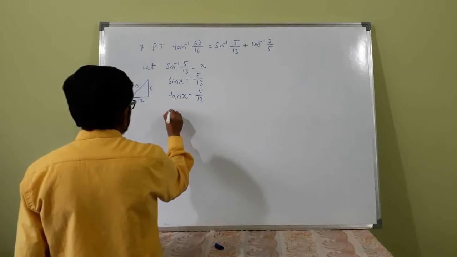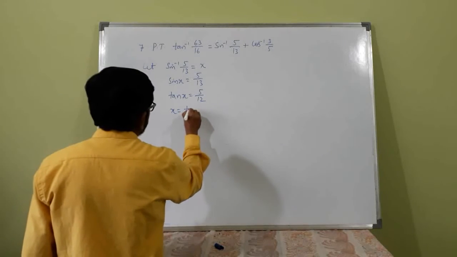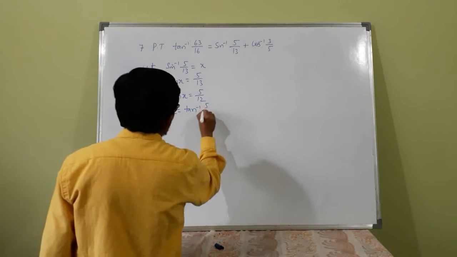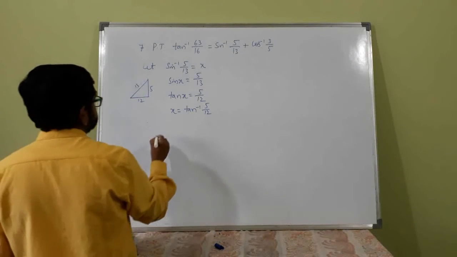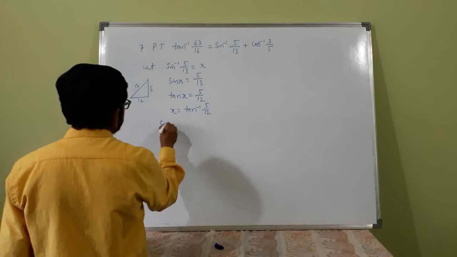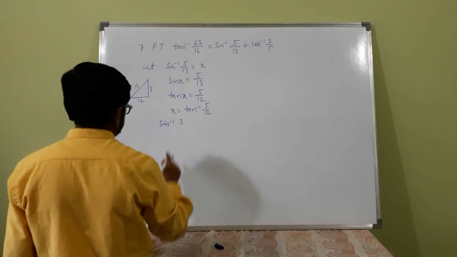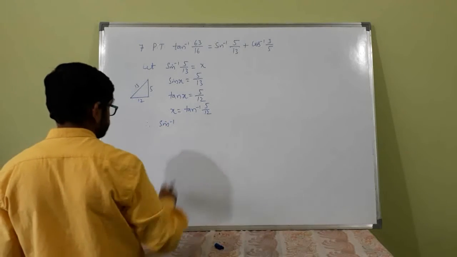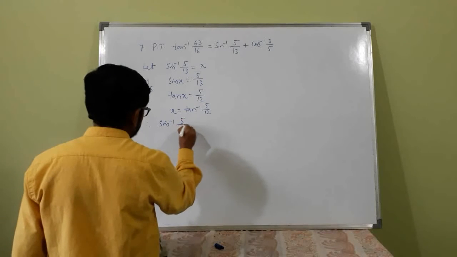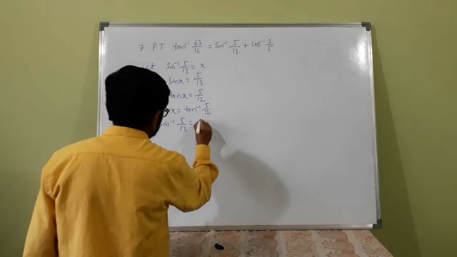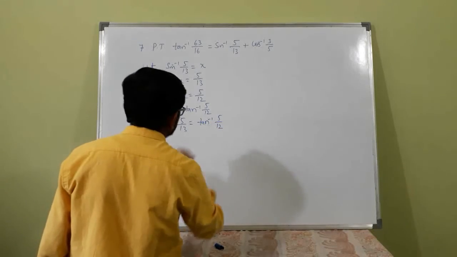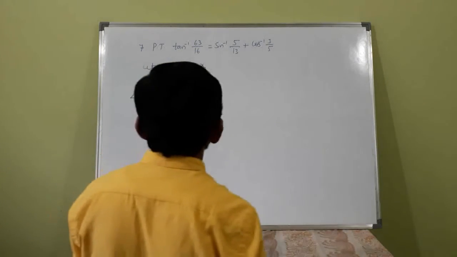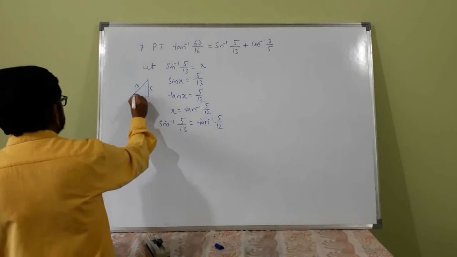So x is equal to tan inverse of 5 by 12. Therefore sin inverse of 5 by 13 is equal to tan inverse of 5 by 12. One thing is over. Suppose this angle is x.